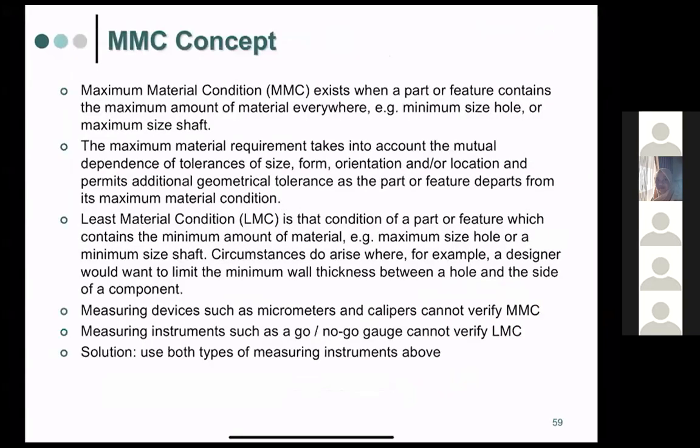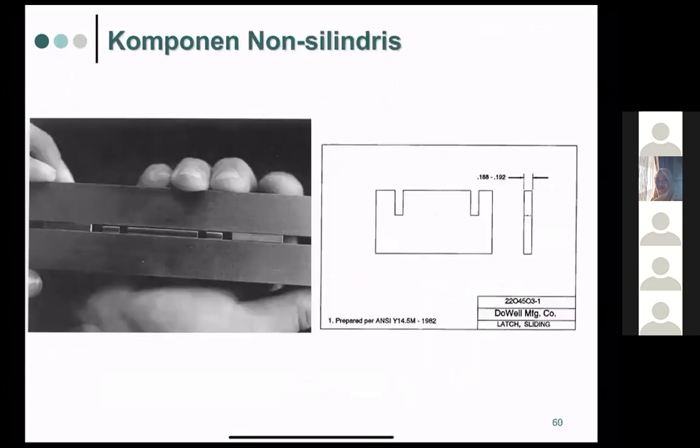Okay, this is just some additional information about the MMC concept. When the part or feature contains the maximum amount of material everywhere, it is quite similar. For non-cylindrical or flat components, to measure them we use two flat objects like this to make sure it has a similar straightness.